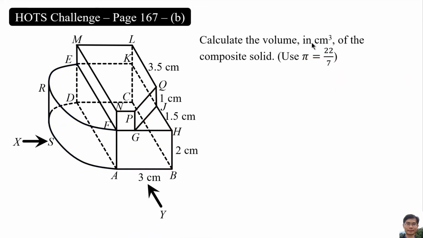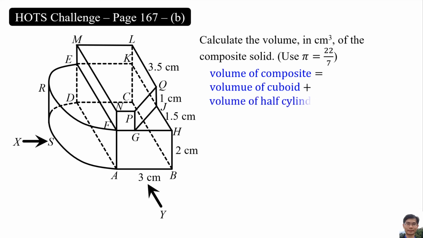Calculate the volume in centimeter cube of the composite solid. Use pi equals 22/7. The volume of composite is volume of cuboid plus the volume of the half cylinder and volume of prism. The volume of cuboid is 3 times 5 times 2.